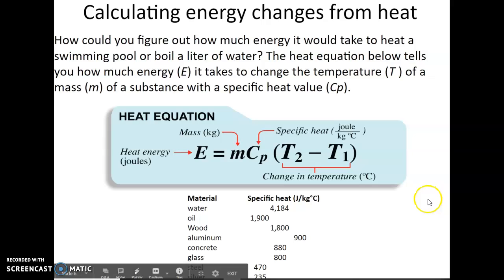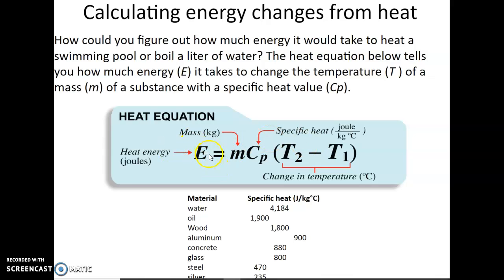You'll notice that the conductors are going to require less heat energy to change their temperature. This right here is the formula to solve for heat energy. If you're trying to change the temperature of a particular substance, you're going to want to know how much heat energy is required to do that, and this is the formula that you would use.